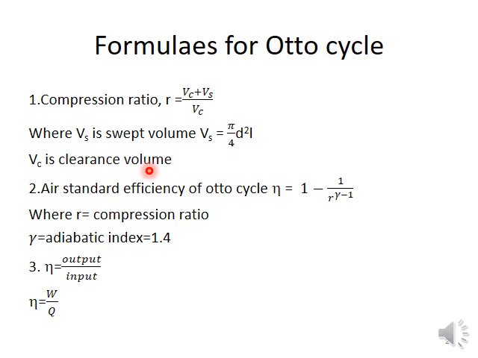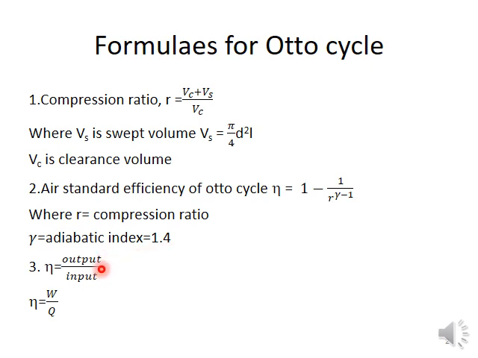The air standard efficiency of the Otto cycle in terms of the compression ratio is equal to 1 minus 1 divided by r power gamma minus 1, where r is the compression ratio and gamma is the adiabatic index, a constant value of 1.4. We can also write efficiency as output by input.